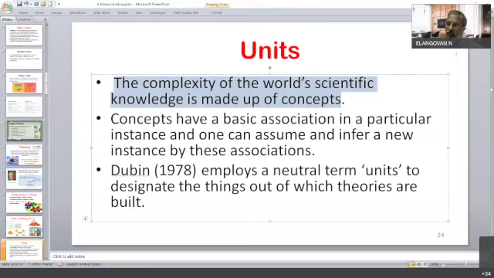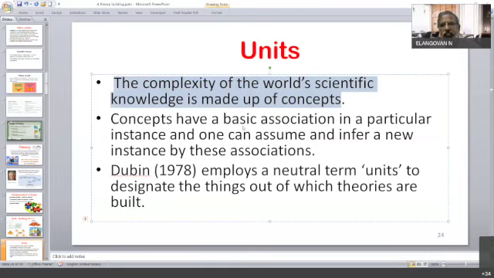So if I break Newton's theory, I will get at least 25 concepts within that. So that is why the complexity of the world's scientific knowledge is made up of small concepts.